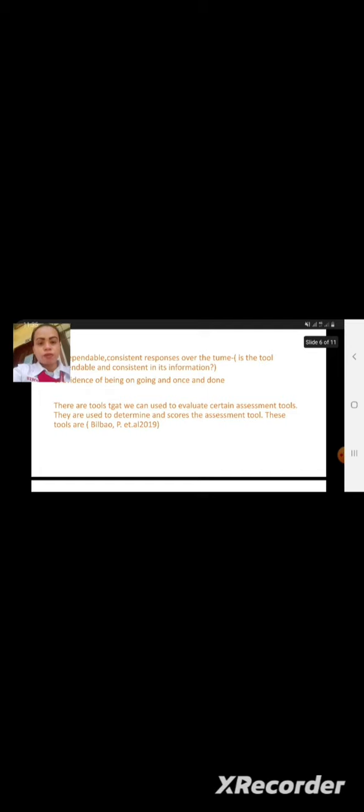There are tools that we can use to evaluate certain assessment tools. They are used to determine and score the assessment tools. These tools are from Bilbao P. et al. 2019. So, we are going to start with the rubrics. They are a set of criteria used to determine the scoring of assignments, performances, and products from the students.